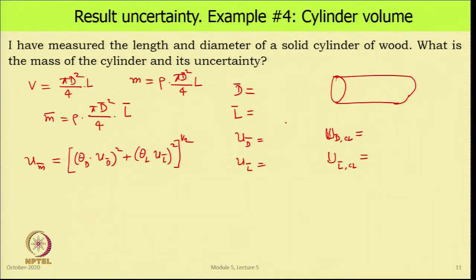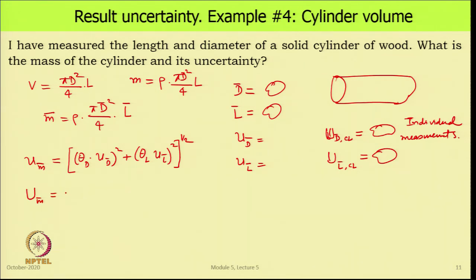So, these 4 numbers came from the experiment or individual measurements. And all of that will follow the same procedure that we have learned in how to do uncertainty of a measurement. Finally, we will calculate capital U m bar as the multiplication factor K CL, which could be 2 if it is 95% confidence level, into u m bar.